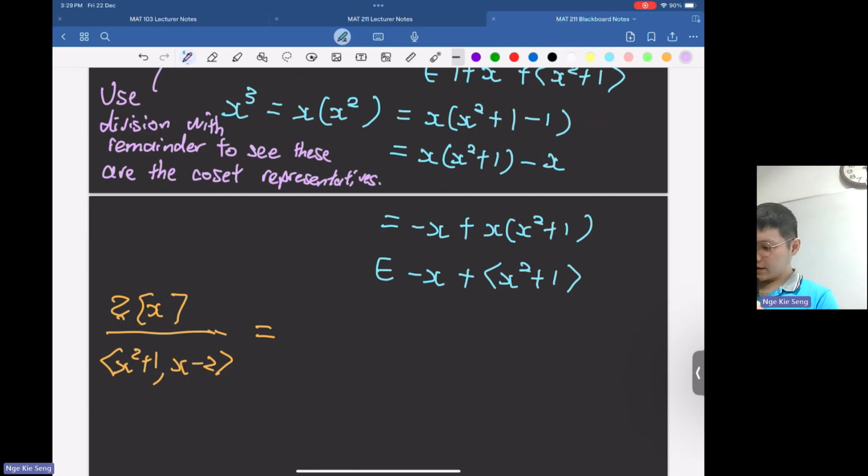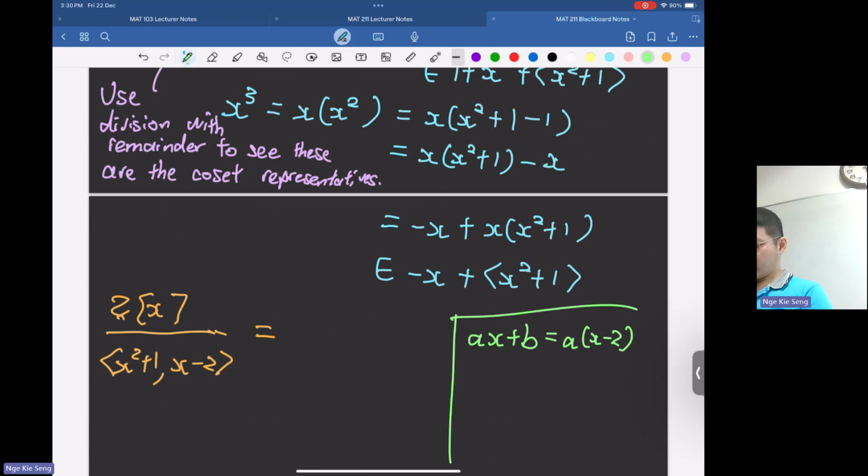So let's take ax plus b and see what happens. We divide further by x minus 2. I should get ax minus 2a. I have a minus 2, so I need to add 2a in. And then I have a plus b here.